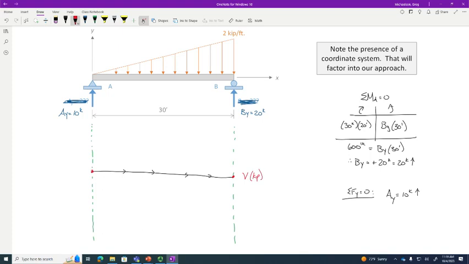Okay? So let's get the broad strokes out of the way first. I'm going to start at 0. What's the first thing I'm going to do? Jump up to 10, right? So I'm going to start at 0, jump up to 10. This is 0, this is 10.